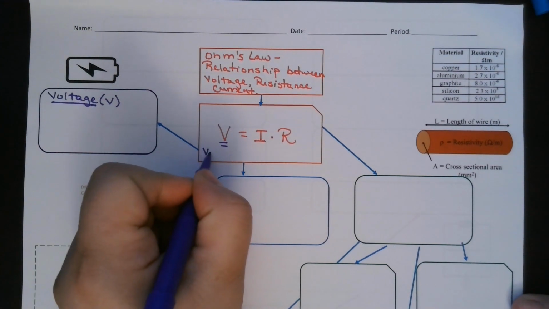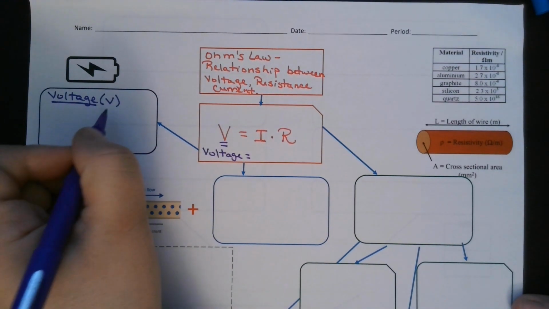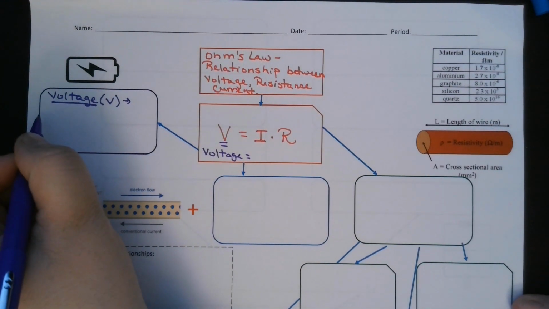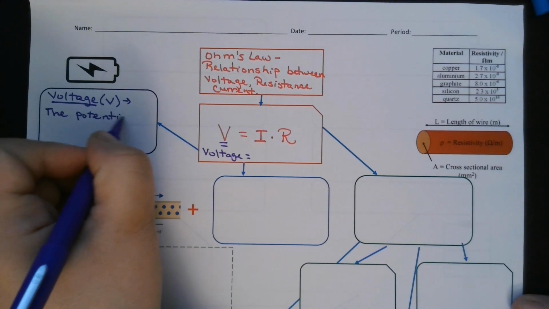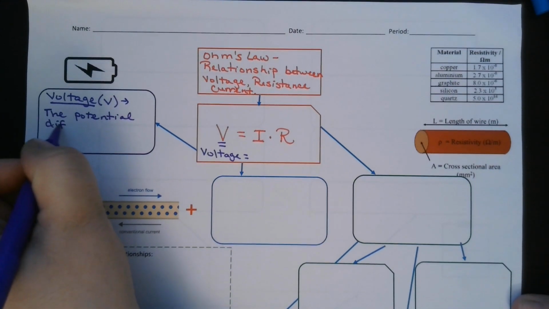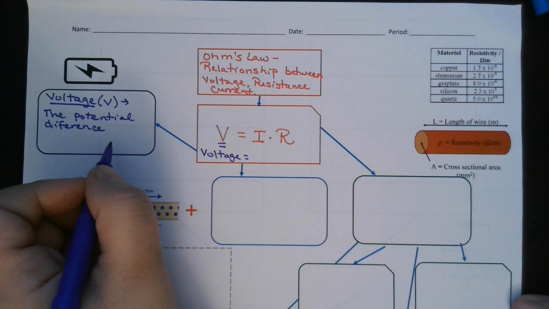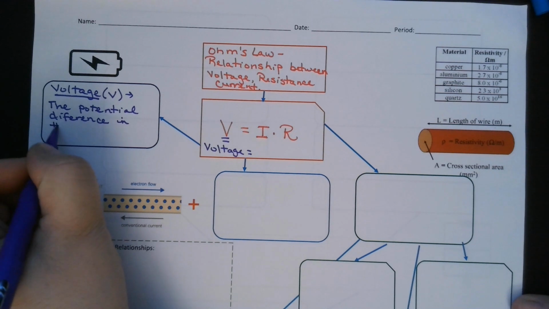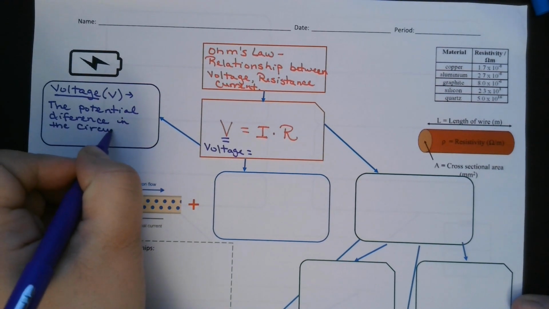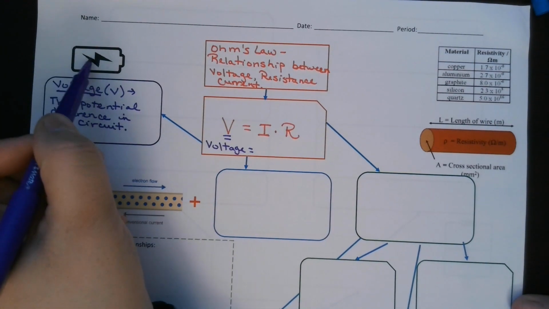I'm just going to write it down here. Voltage equals, and we said voltage is the potential difference in the circuit. It's measured in volts, and that's why there's a lightning bolt, right?